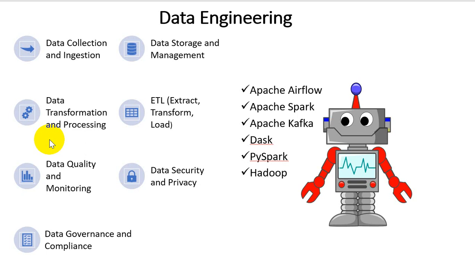You can pair, for instance, Hadoop, PySpark, Apache Airflow, Apache Spark, or Apache Kafka with Python, for data warehousing and data storage and all of that. So data engineering is also a very good aspect where Python has found its use case.